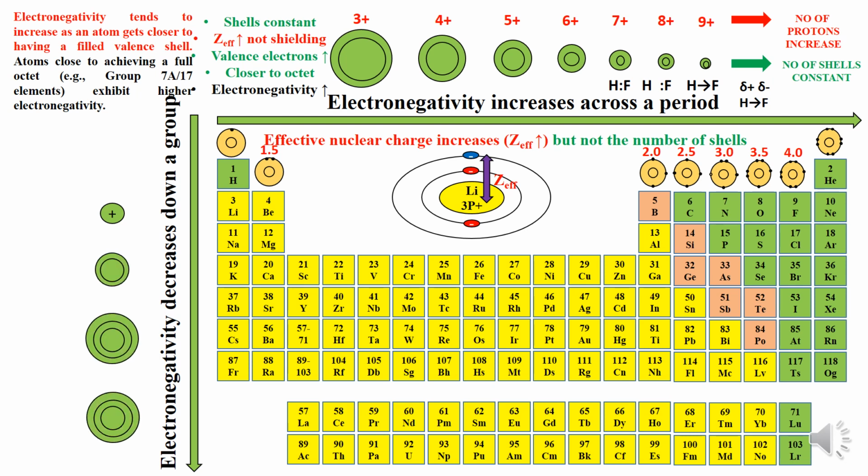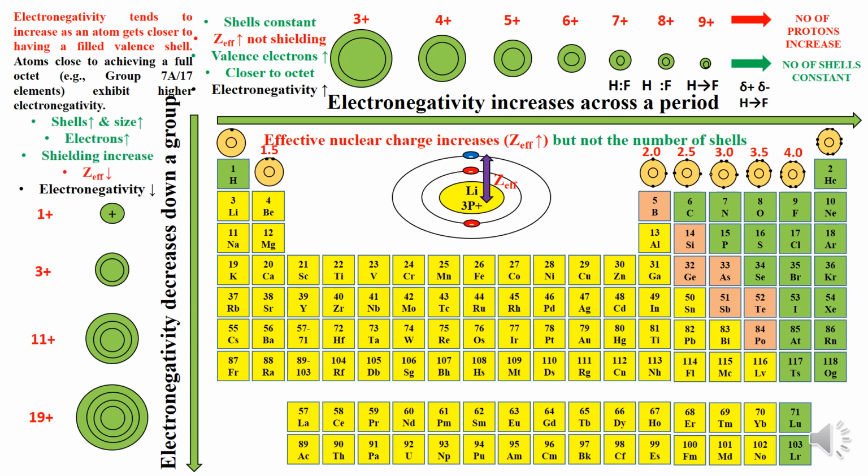And going down the group, you see the number of shells increase. As the number of shells increases, the size of the atom increases, and this leads to increased shielding. And what about the number of protons? Though the number of protons increase, the shielding effect wins over the effective nuclear charge or the number of protons.